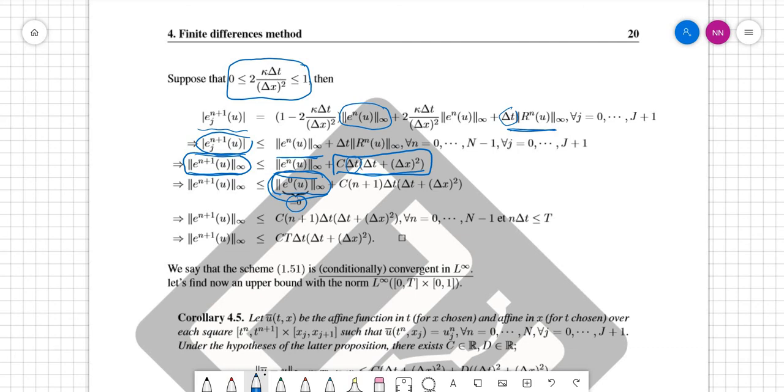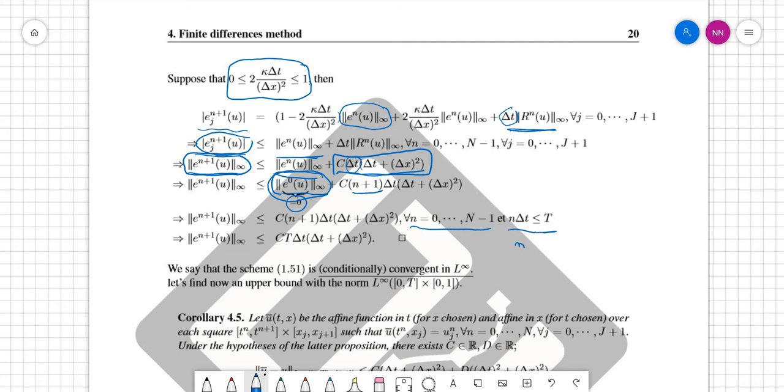So we are going back n plus 1 steps. That's why we are adding these errors n plus 1 times. And this (n+1) delta t is equal to t; for all n going from 0 to N minus 1, n delta t is less than t.